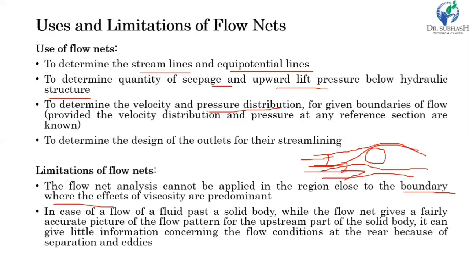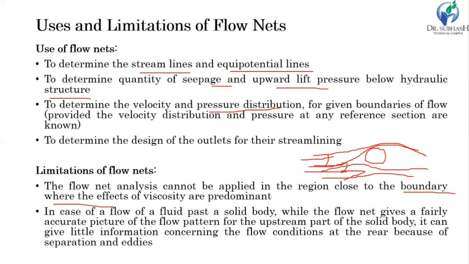So in this case, in the upstream side, the flow net, the velocity potential function, the equipotential line and streamline both work as per the requirement, and it will give us the exact definition of the pressure and velocity condition.